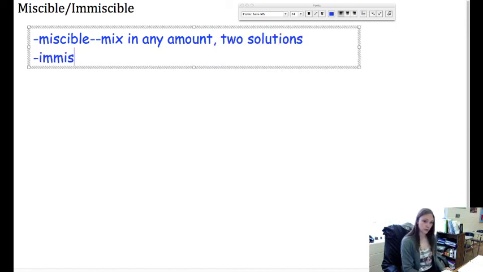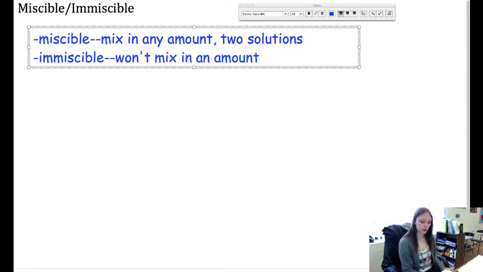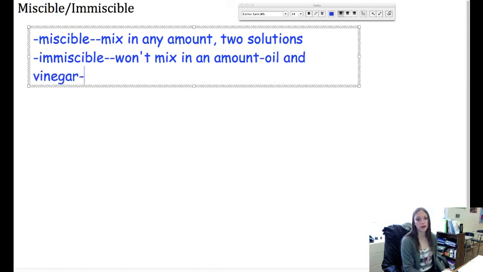Something that is immiscible, those are going to be won't mix. So they might look like they will if you shake it up, but then they settle out right away. Oil and vinegar is a good example. And again, these have to be your two solutions, or two liquids. So there's a little bit about the different types of mixtures.